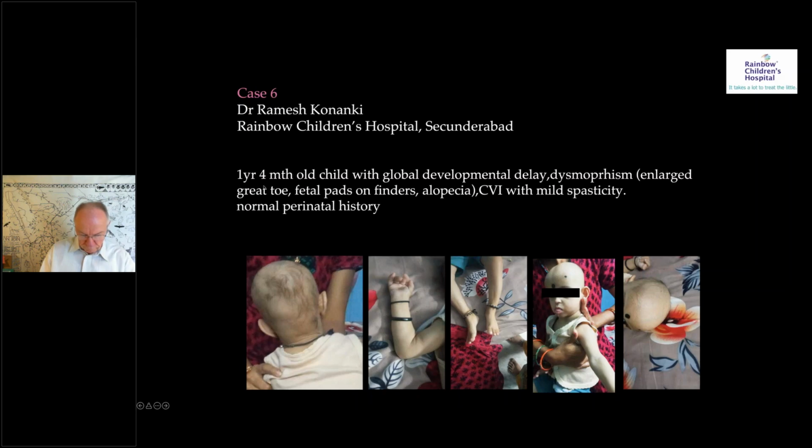It's a 1 year 4 month old child with global developmental delay, dysmorphism, cerebral visual impairment with mild spasticity. Dr. Lokesh, if you want to comment on the images of the patient. So the significant alopecia, and a protruded and large tongue, with a prominent large great toe when compared to other toes.